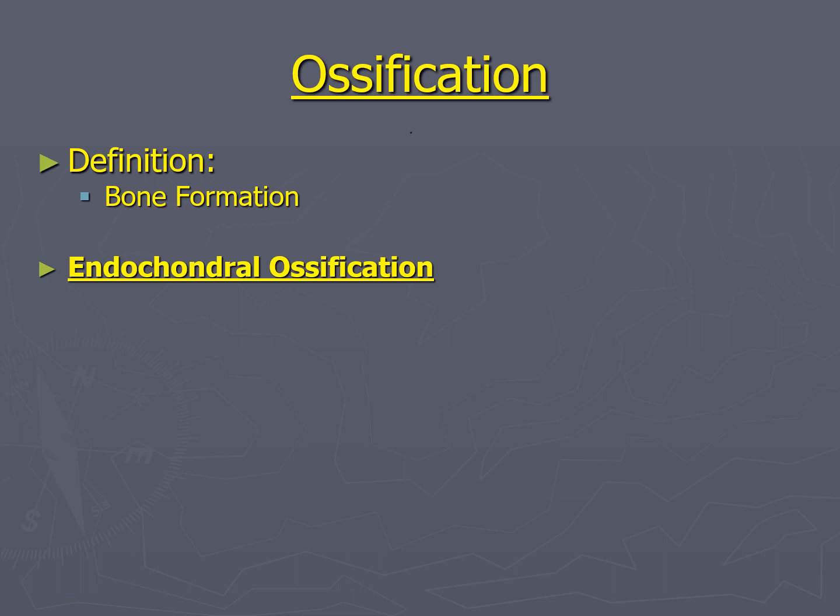There are two types: endochondral ossification. Endo meaning within, chondra meaning cartilage. So endochondral ossification starts with cartilage, and this is when the bones develop using hyaline cartilage as a template or a model.